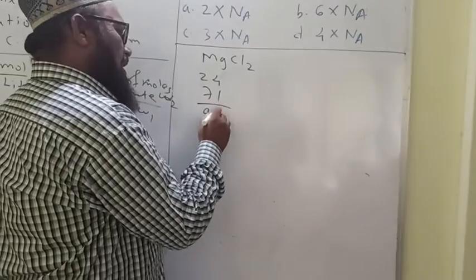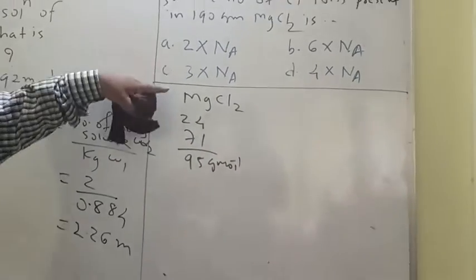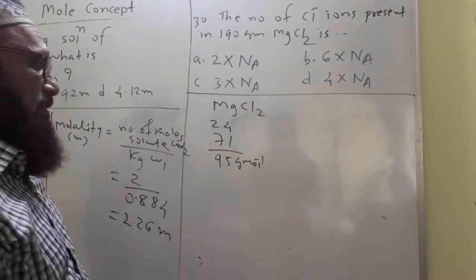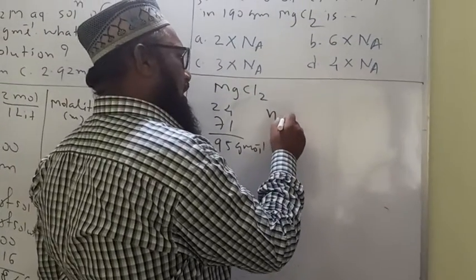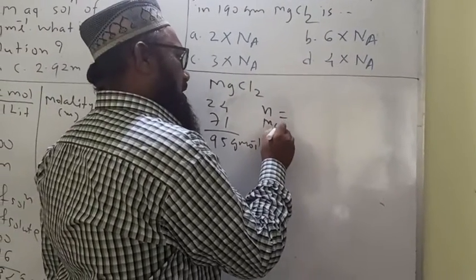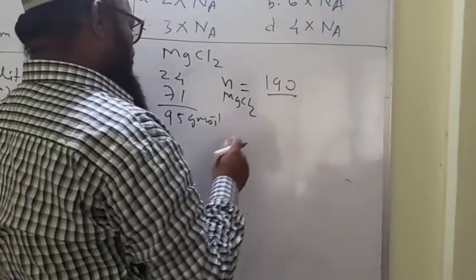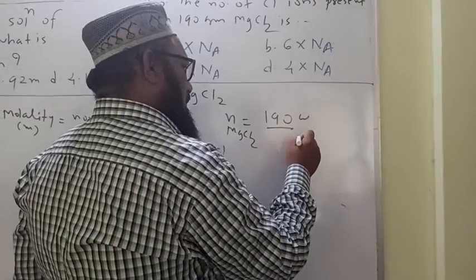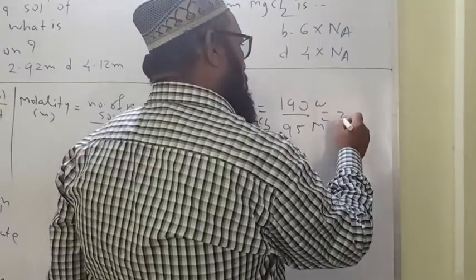This is 95 gram per mole. How much quantity of magnesium chloride is given? 190. Then number of moles of magnesium chloride is equal to given weight 190 upon molar mass 95. This is equal to 2 mole.